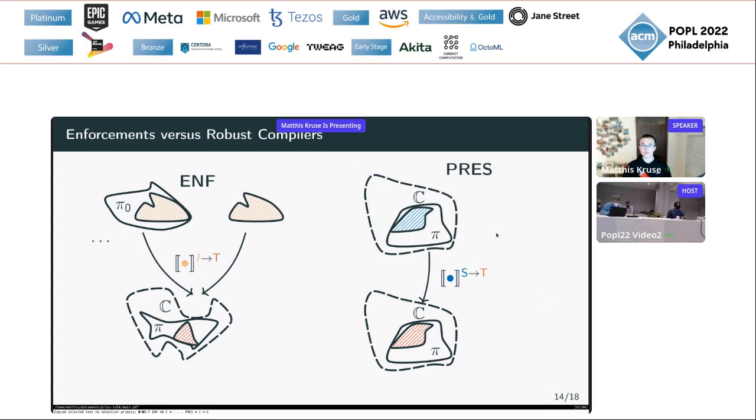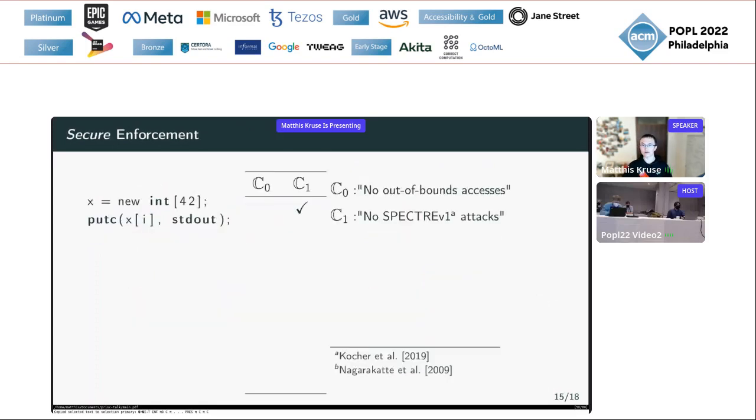Now, such enforcements have, especially in the context of preservation of, for example, security properties, an issue. So suppose we have the property C0, no out-of-bounds accesses, and C1, no Spectre V1 attacks. On the left-hand side, you can see a C++-like program that allocates an array of 42 integers and prints out the content of the integer in the array at the ith position, where i is an unknown unsigned integer.